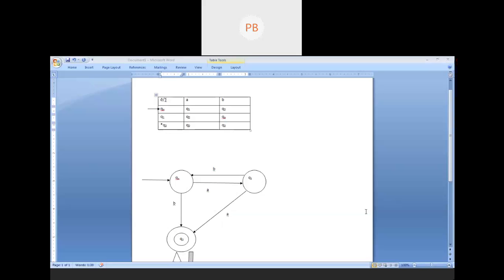That means p is the next state: if q is our current state and we apply input symbol a, then p is our next state.